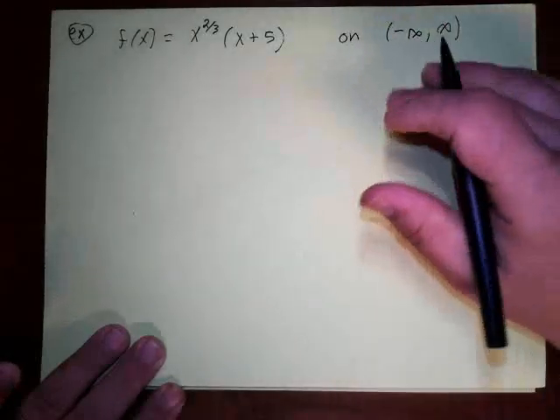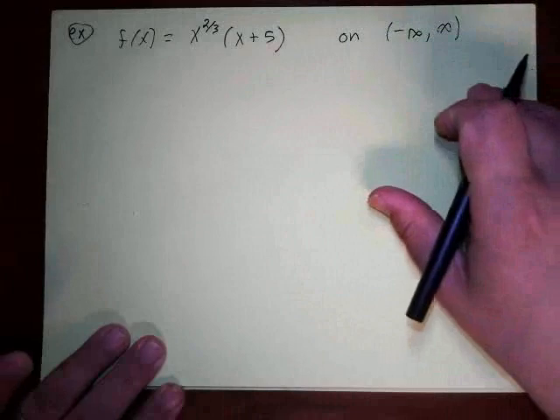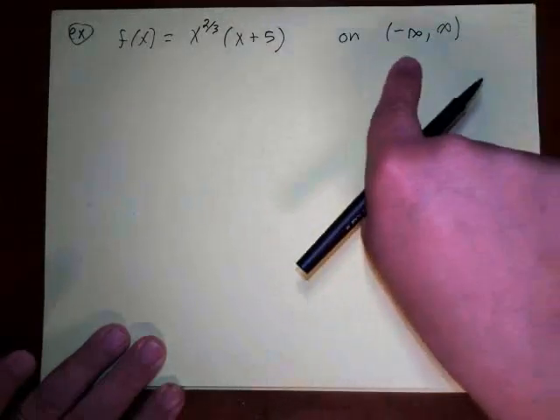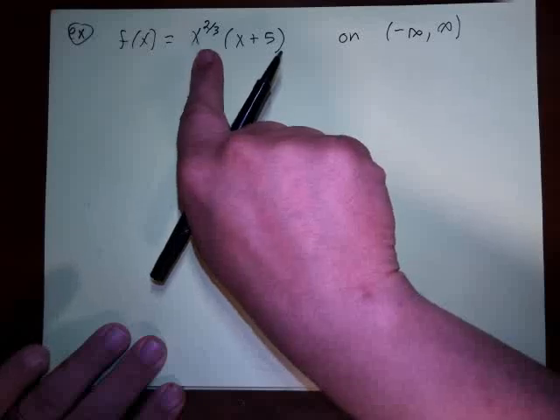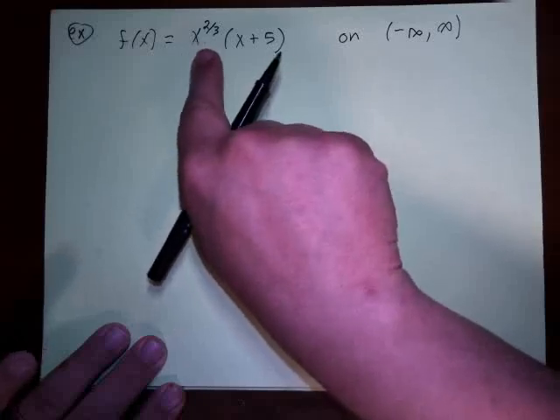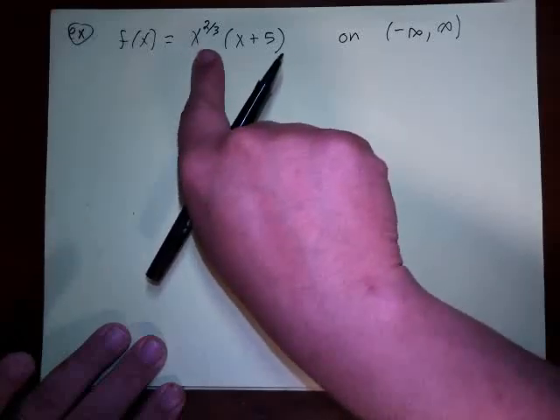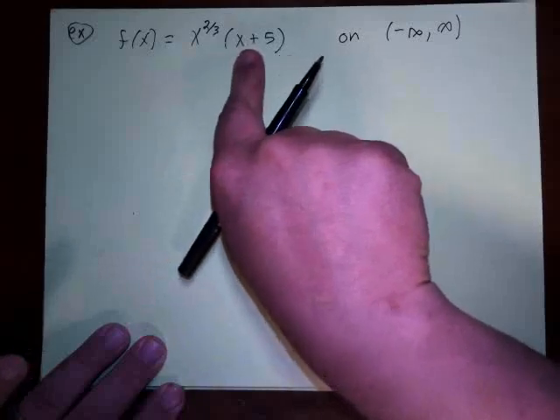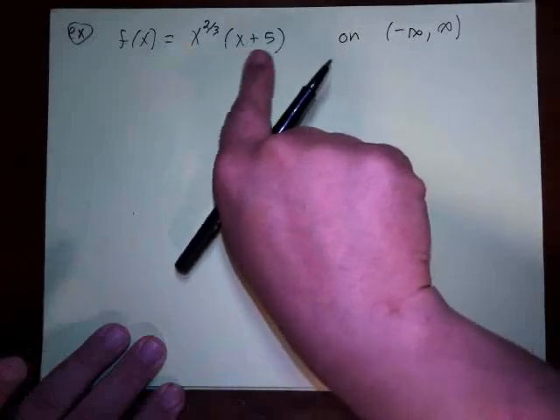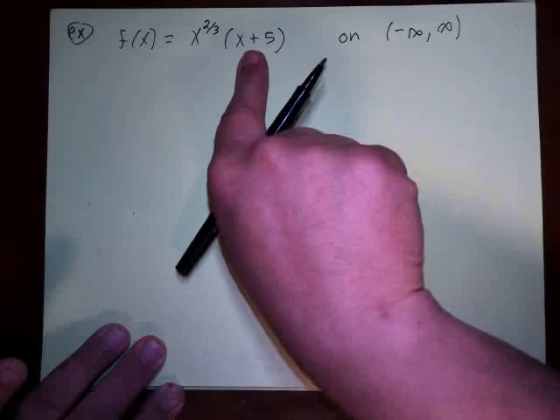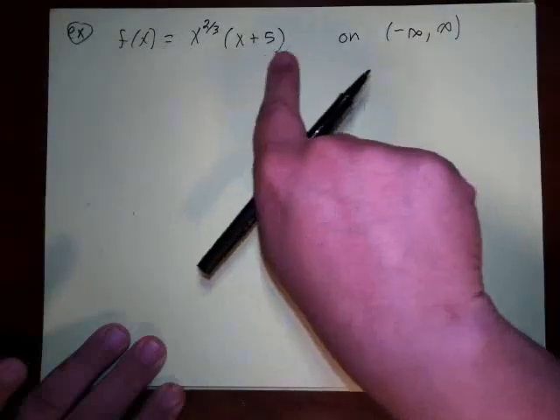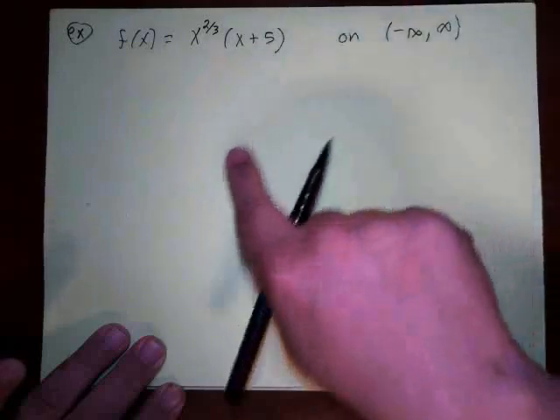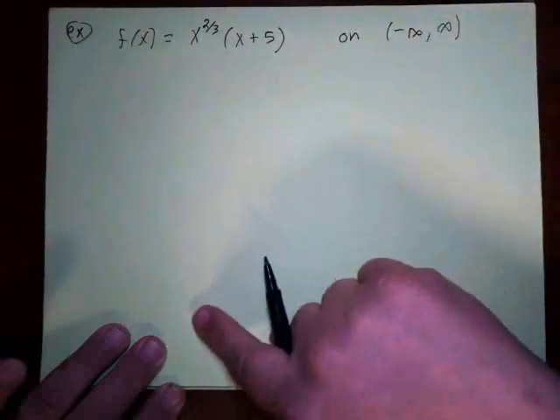Also, notice the end behavior as you go off to negative infinity or infinity. If you go off to negative infinity, if it's a negative number, this will square it and then take the cube root, and that'll be positive. This term will be negative, so you'll have a positive times a negative, and so as you go off into negative infinity, this is going off into negative infinity.